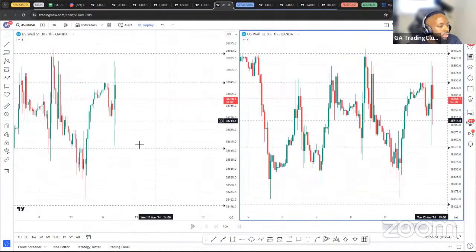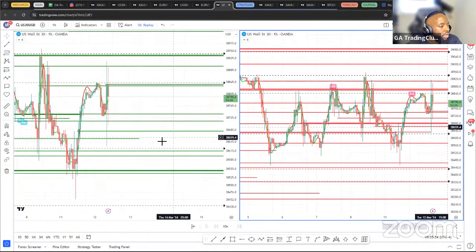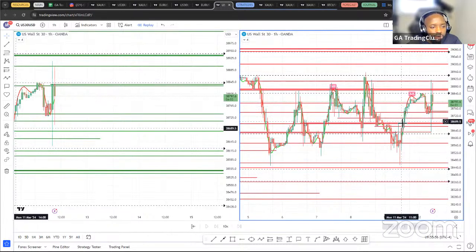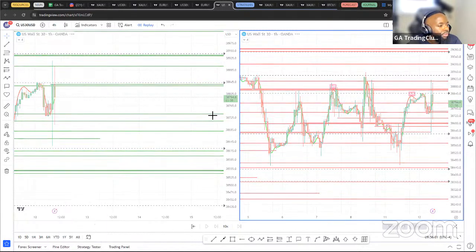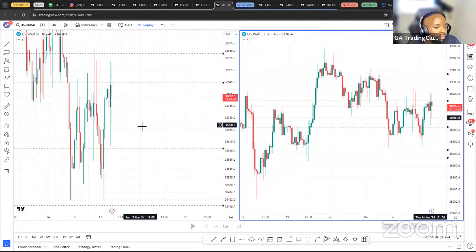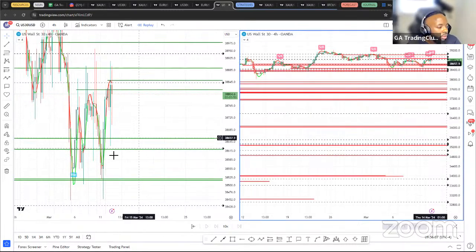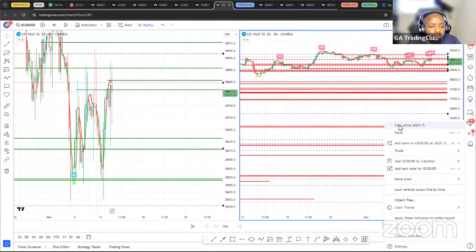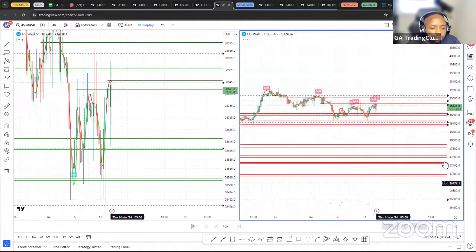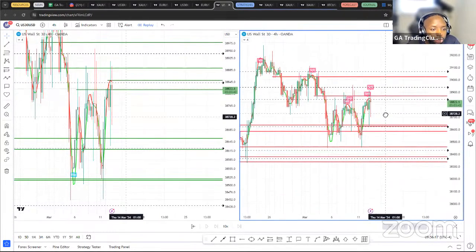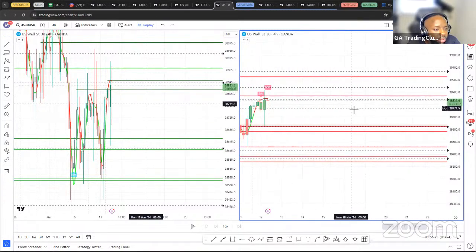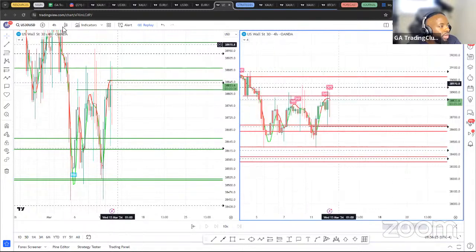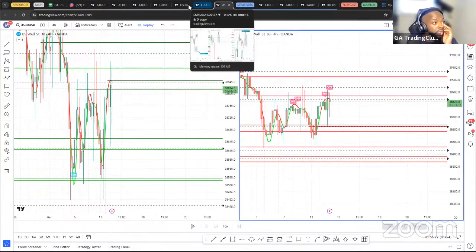US 30, no valid momentum buy, no valid momentum sell. Then for the 4-hour time frame, nothing. No valid momentum entries for the day today.